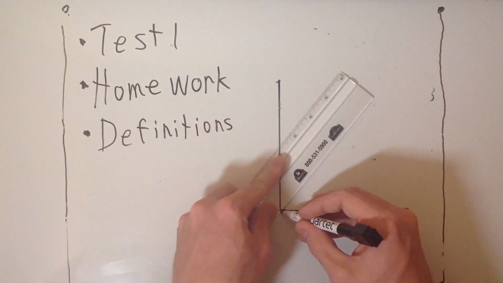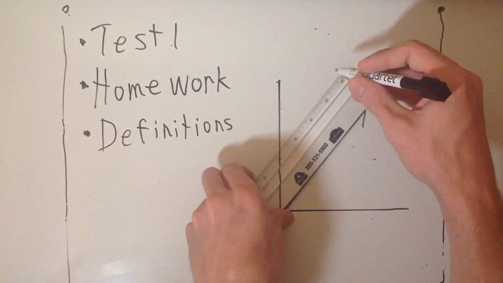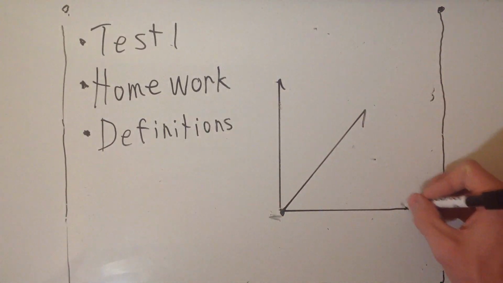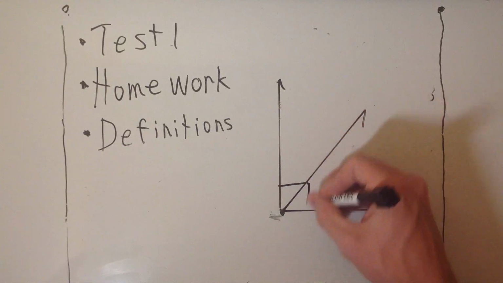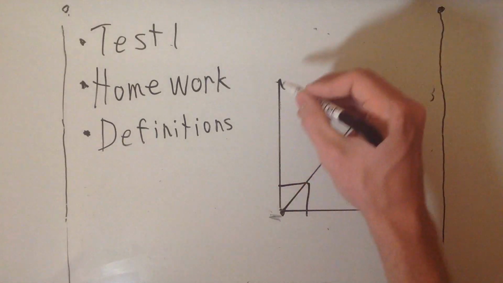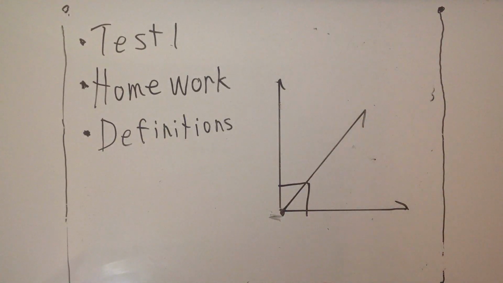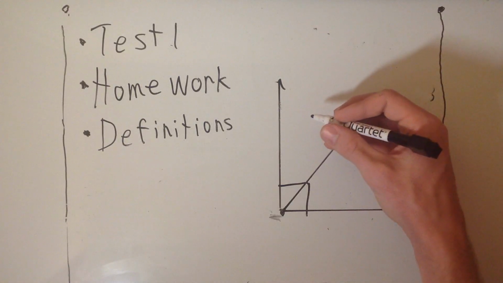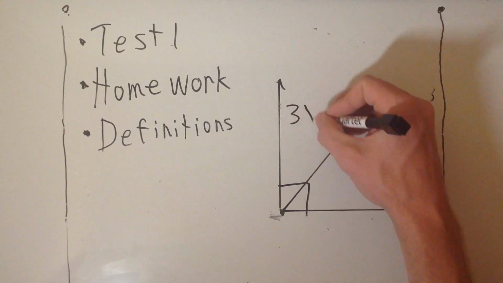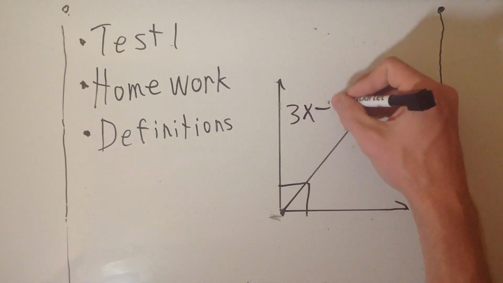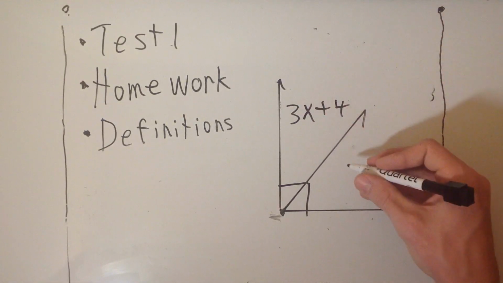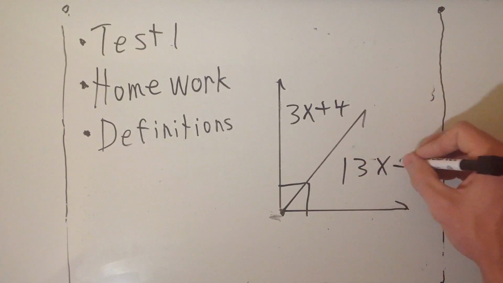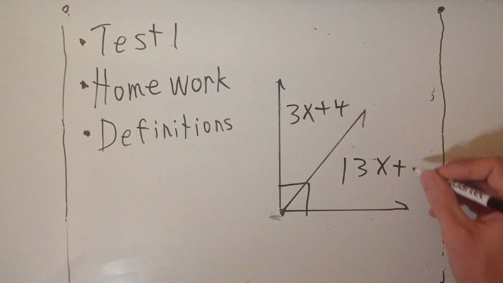Then we're going to have a ray coming out of it, which means that these two angles here are complements, since together they form a 90-degree angle. We're going to denote this angle by 3x plus 4, and this one by 13x plus, let's say, 6.